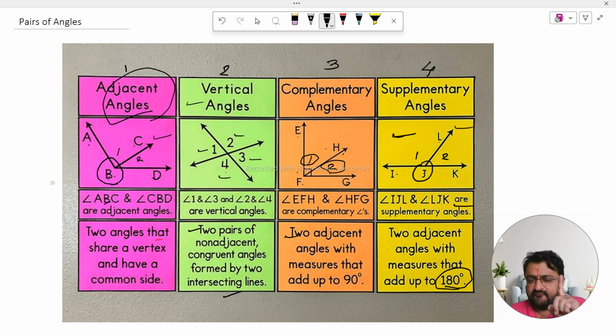Like if one angle is 100 degree and second is given separately, but the measurement of second is 80 degree, then add them. 100 degree plus 80 degree, what is the answer? Yes, 180 degree.